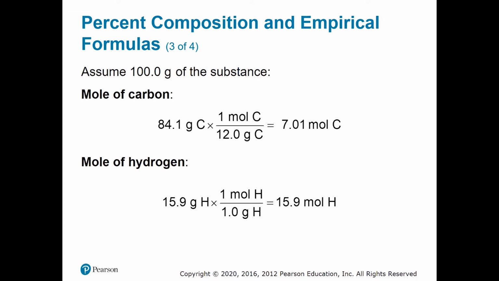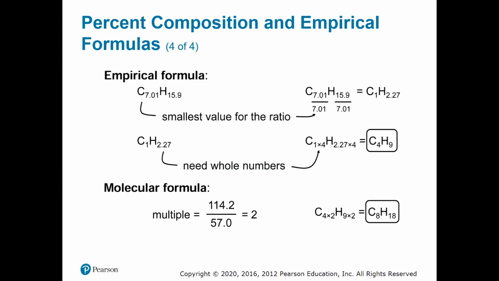Converting it to moles by using the element's atomic mass, we find that this corresponds to 7.01 moles of carbon atoms. Similarly, our 15.9% hydrogen becomes the same number of grams, and using atomic mass, we find this to be 15.9 moles of hydrogen atoms. Now we need to find the whole number ratio this corresponds to.